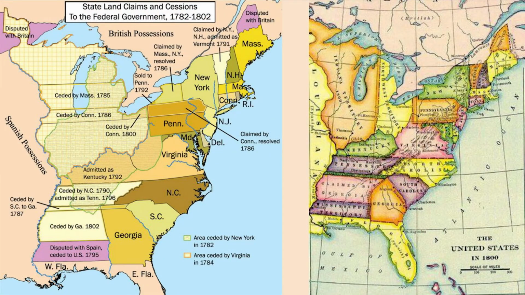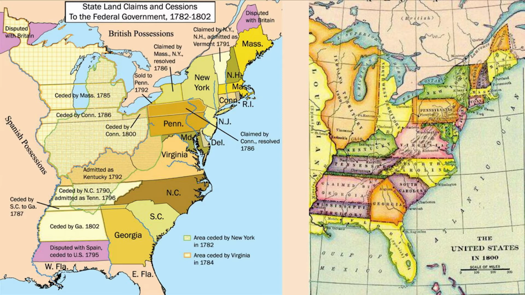So, just to get a sense of what the U.S. looked like after the Revolution, this is kind of a map of the early republic. Now you can see that Florida here is not actually part. There's a bunch of unceded land all the way to the Mississippi.